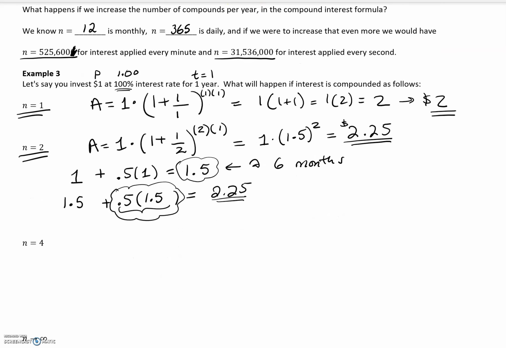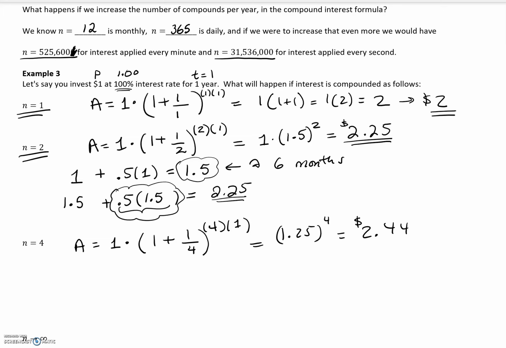Now, what if it happens 4 times a year? So you have your $1 in principal, and then 1 plus 1 over n, in this case n is 4, and then nt, where n is 4 and t is still 1. So that's going to give us 1.25 raised to the 4th when we do the math, and that's going to give us about $2.44.